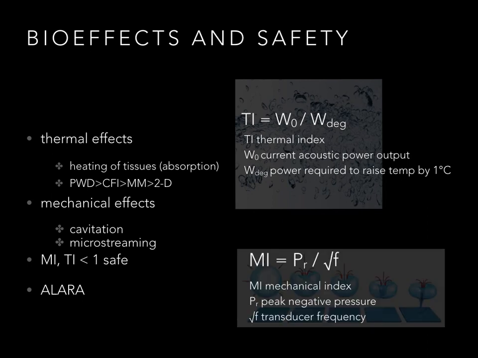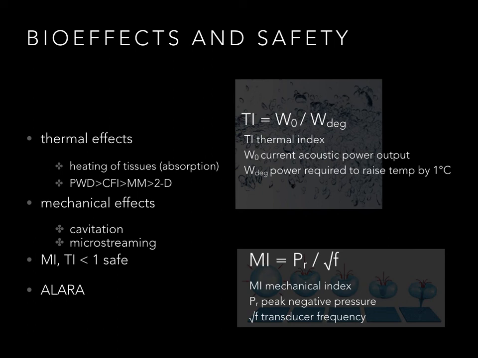Mechanical effects comprise cavitation and microstreaming. Cavitation occurs when sound waves interact with microscopic gas-filled bodies. In theory, this may lead to rupture of cell membranes and high-velocity fluid movement ensues.